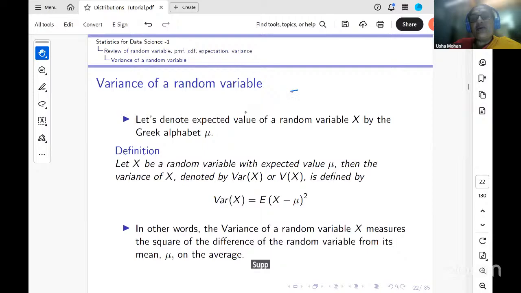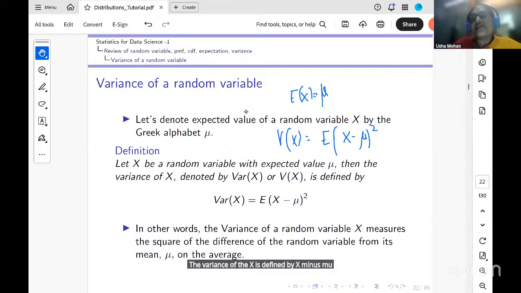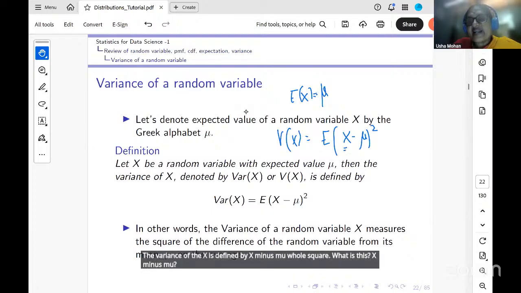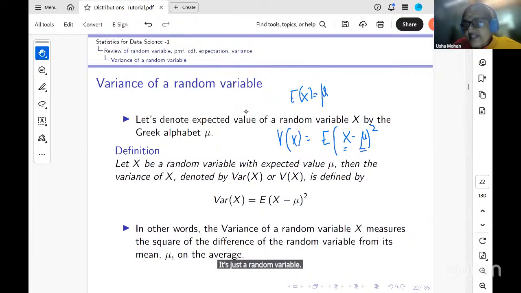Suppose I denote the expectation of X by the Greek letter mu. The variance of X is defined as the expectation of (X minus mu) whole square. X is the random variable, and mu is the mean or the expected value of the random variable.